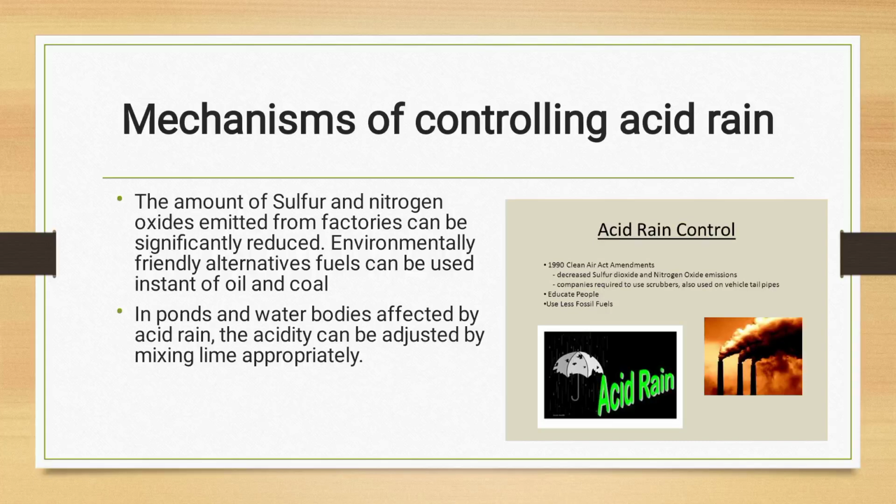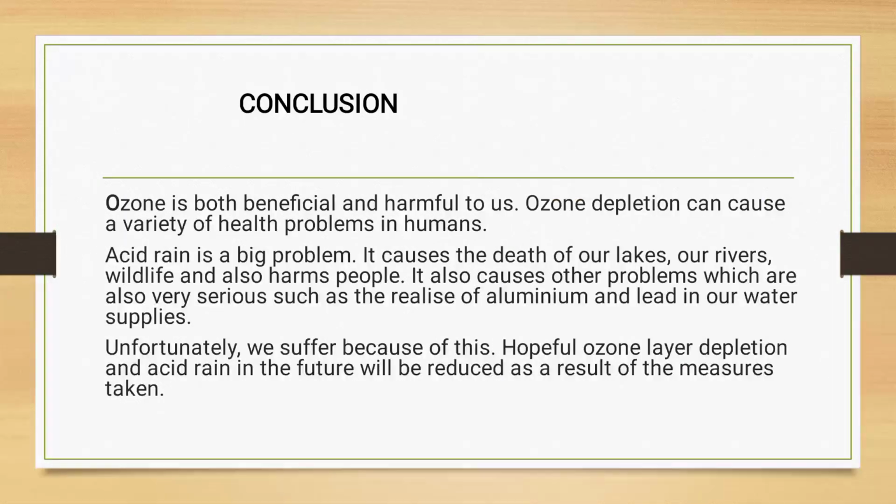Environment friendly alternatives like coal, etc. can be used instead of sulfur and nitrogen. This is one of the ways to control acid rain. Similarly, if ponds and water bodies are affected by acid rain, the acidity can be adjusted by mixing lime. If you mix lime in these water bodies, the acidity can be adjusted. So these are the ways to control acid rain.